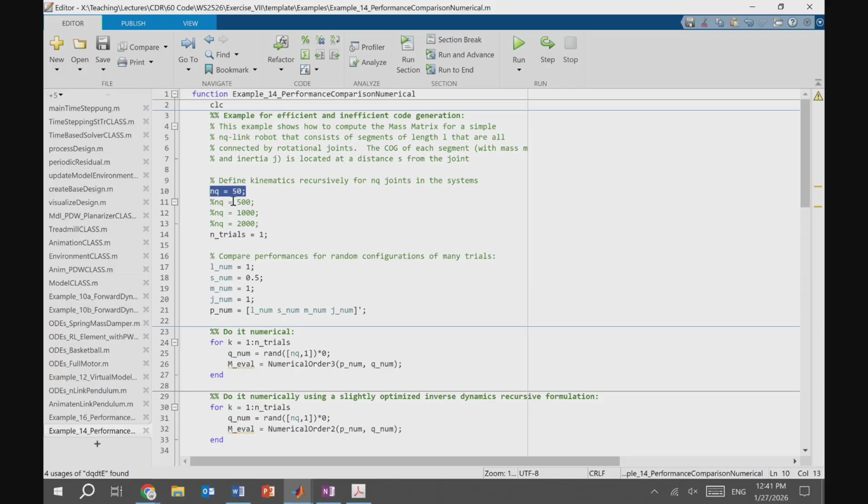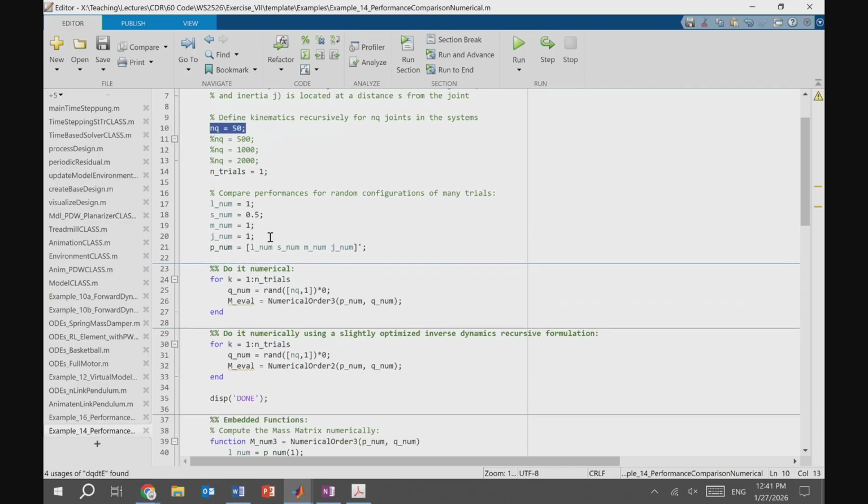And you see that I already have a very high expectation of what large will mean in this context. I will evaluate or compute my mass matrix once. And I'll do this for our standard example of an n-link robot or n-link pendulum. Right, so there's 50 to 2,000 of these links.